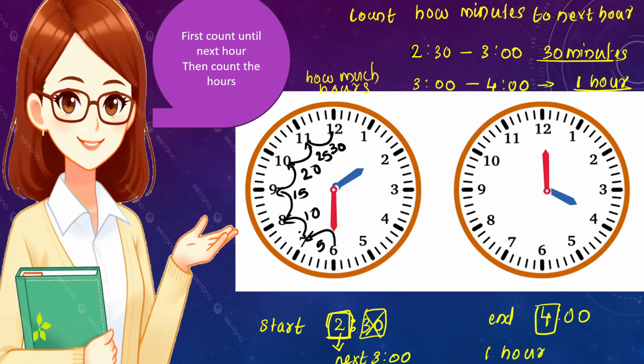How can you figure this out? Since the hours are different, first you figure out the next hour and how many minutes are needed for it. The next hour is 3 o'clock, so it takes 30 minutes. Then you find how many hours after the next hour. 3 to 4 is 1 hour. So the total is 1 hour 30 minutes.